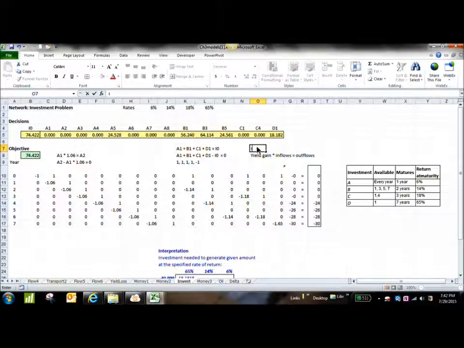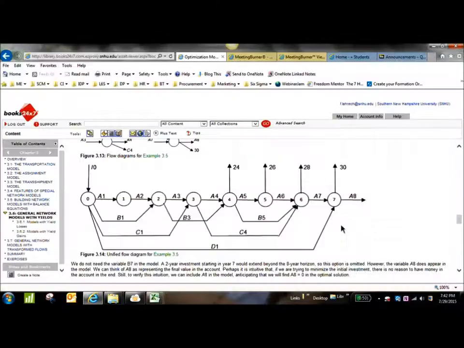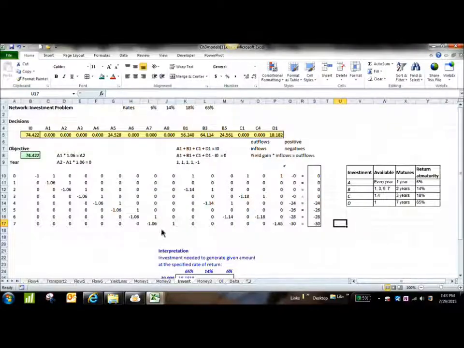So remember, inflows are negatives and outflows are positive. Coefficients, of course. Let's remember that. So A7 would be negative. D1 will be negative. A7 is negative. D1 is negative.